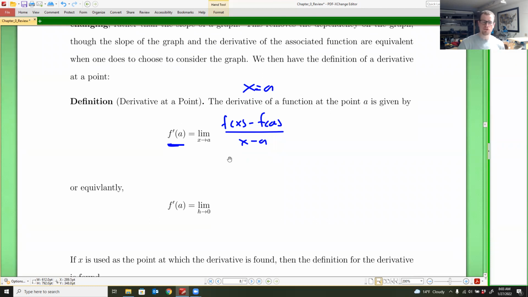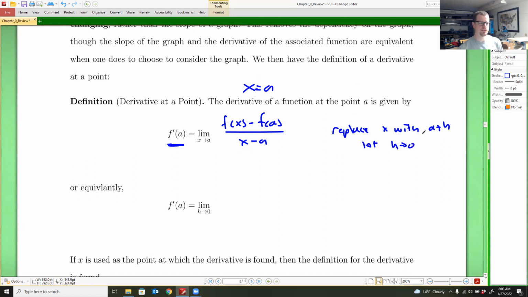There's another way that we could write that definition. If I replace x with a plus h and let h go to 0. So x approaching a is the same as h going to 0.